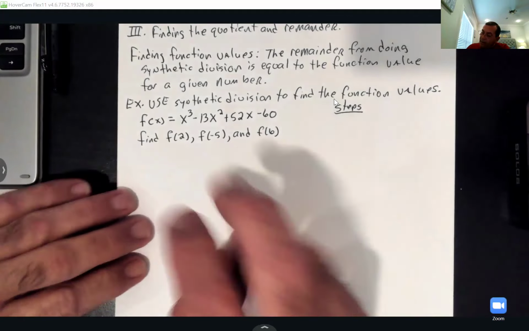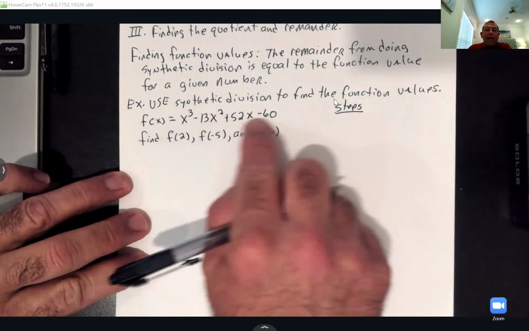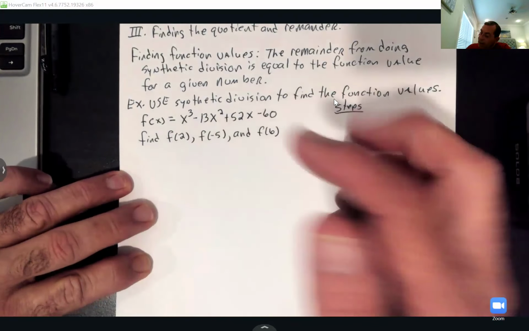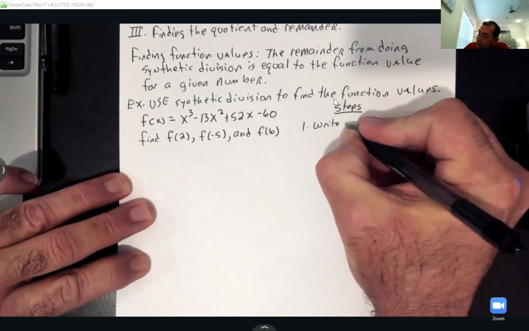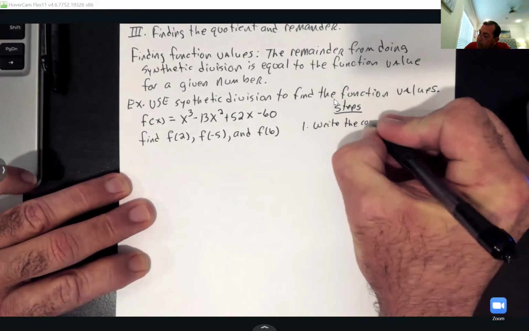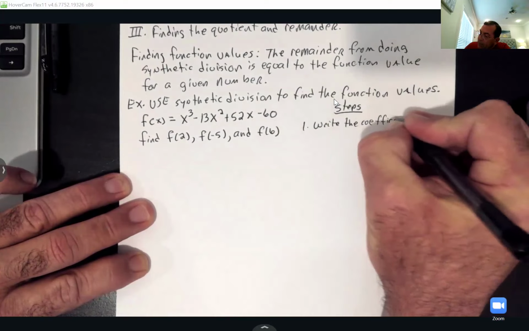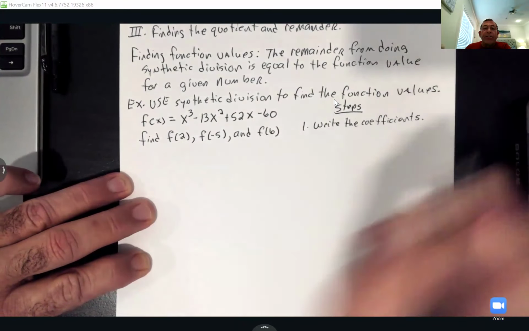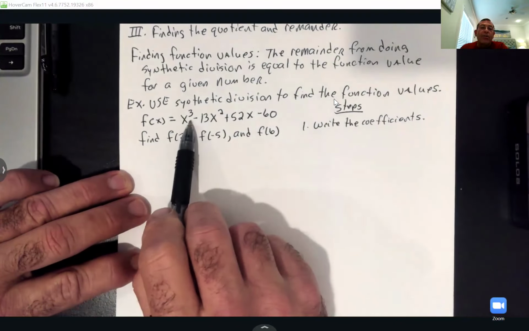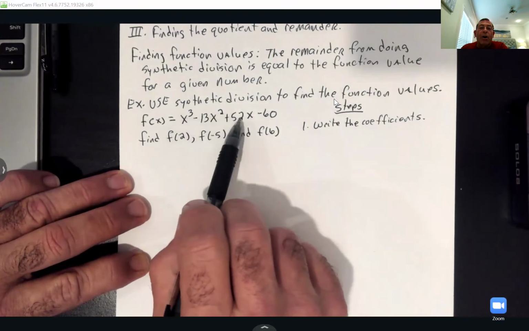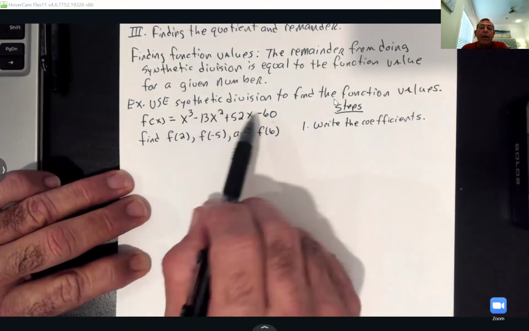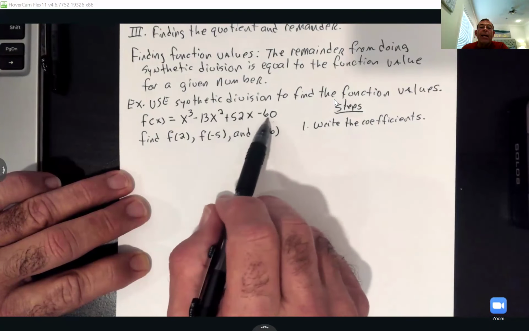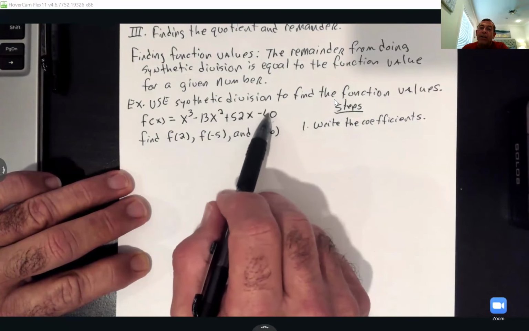All righty. So the first thing I do is I write out the coefficients of the polynomial. Now here's the thing. You got to start with the highest exponent and make sure all the terms are here. So I got my x cubed term, my x squared term, my x term, and my number, which we call the constant term.